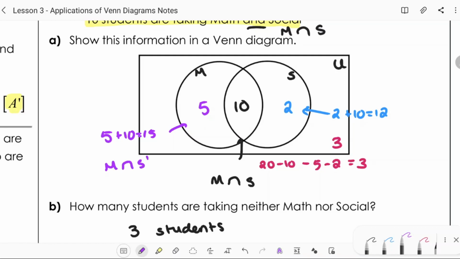Because this is just the students, those 5 students, taking math but not social. This here would be backwards, S intersect M prime, so social but not math. And then those 3 stragglers on the outside are not part of math or social.